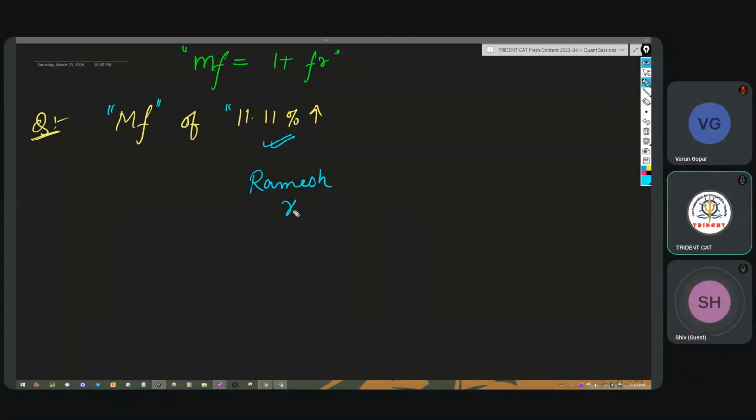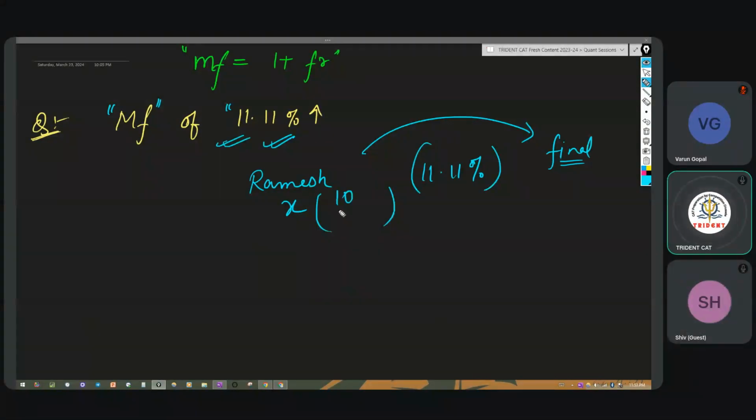Ramesh ka salary is X, and I'm talking about he will get an increment of 11.11%. So finally, what will his salary be? This is what I'm asking. So when I ask you about the multiplying factor, you should very directly come at this value. So whatever this value X is, multiply that by 10 by 9 and you get the final value. This is the increment that the fellow will have. Make sense? Yes, sir.